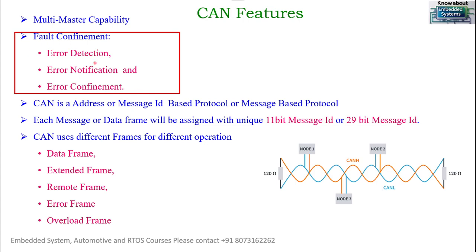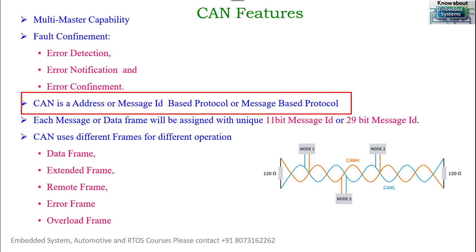So error detection is possible, error notification is also possible, and how to manage the error is also possible in the CAN protocol mechanism. Because of this, this is also one of the strong reasons why we're using CAN in our automotive system. But how it is possible, I'll explain later in upcoming videos.